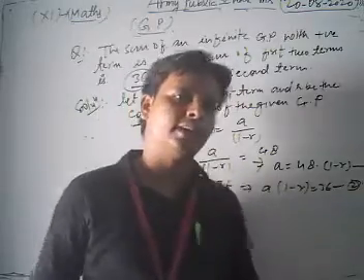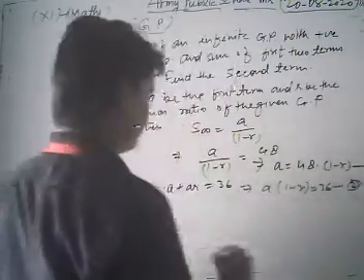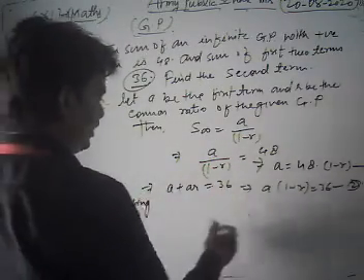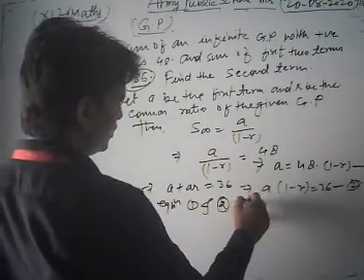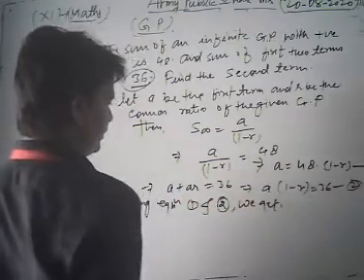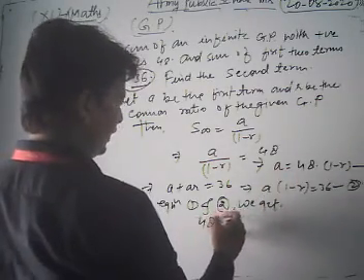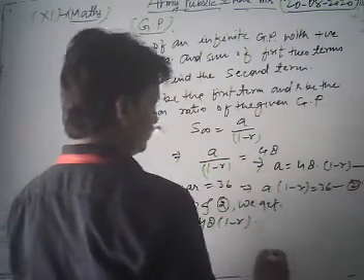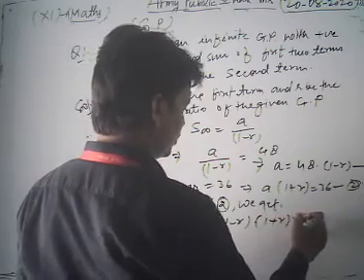Now, dear student, using equations 1 and 2, let's see what we get. We put the value of a as 48 into (1 minus r) into (1 plus r) is equal to 36.